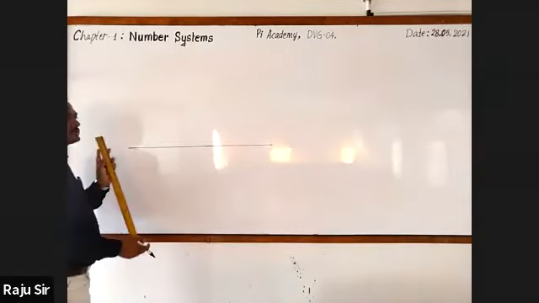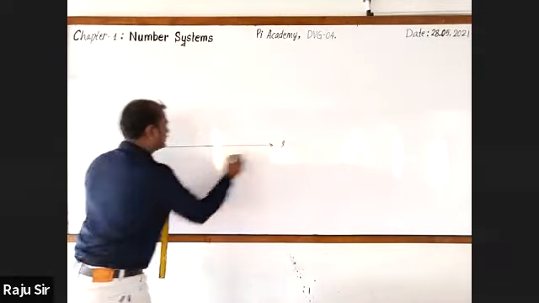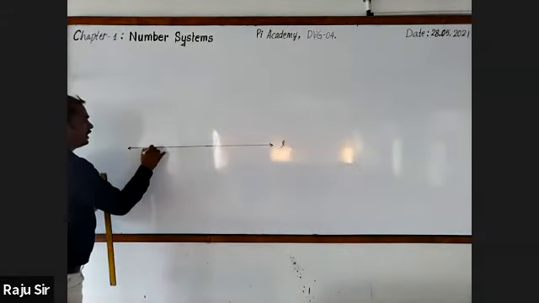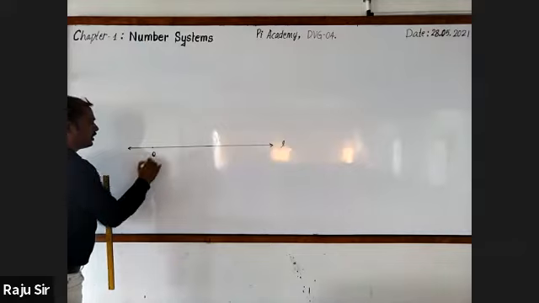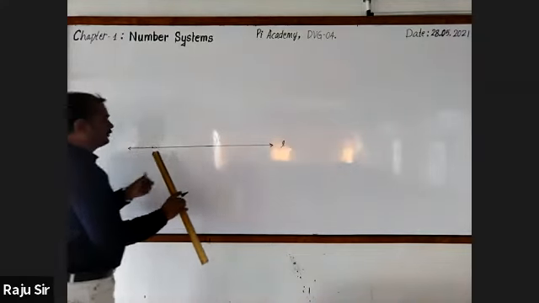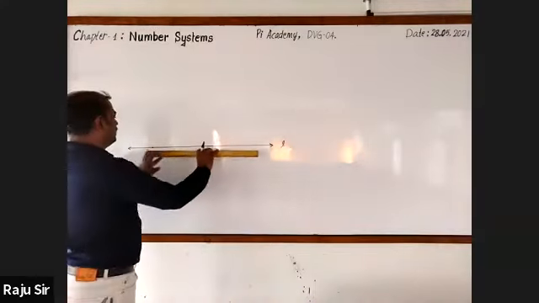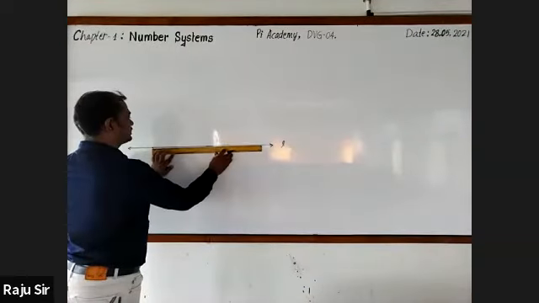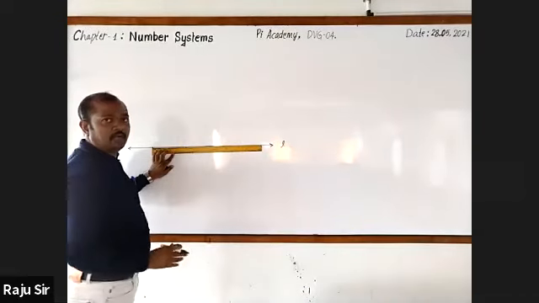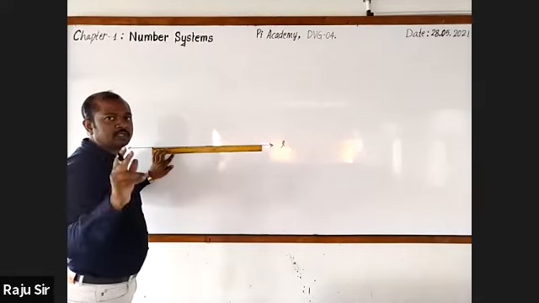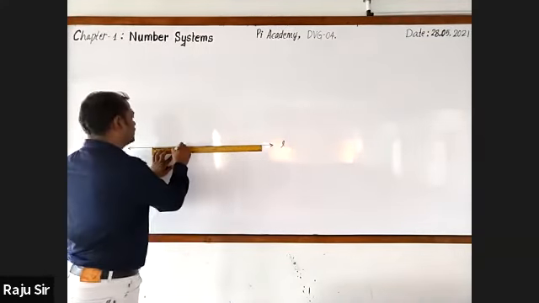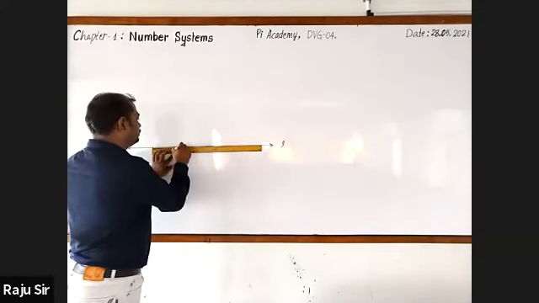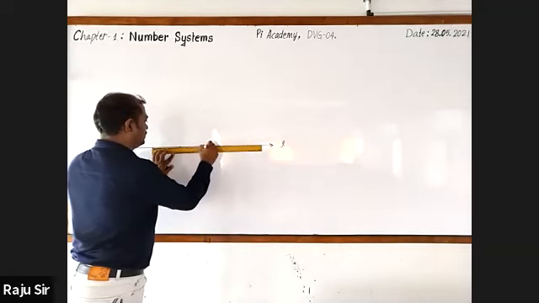First we draw a straight line and we will name it L, and you mark a point. Call it 0. And from this point, you go on marking every unit distance. You have taken every 2 centimeters as 1 unit. Here also I am marking every 2 centimeters.